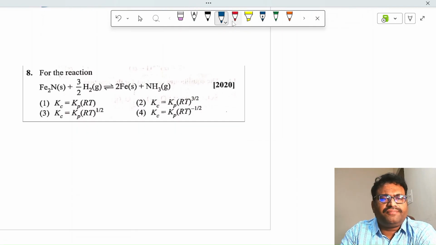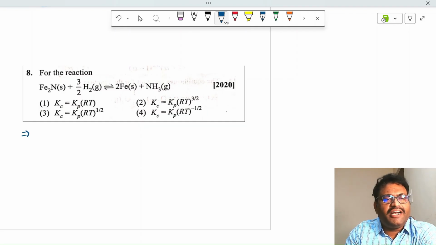So let us see again. He has asked us the relation between Kc and Kp. First of all, let us calculate delta N for this reaction. Delta N is equal to Np minus Nr. Iron is solid, and here Fe2N is also solid.